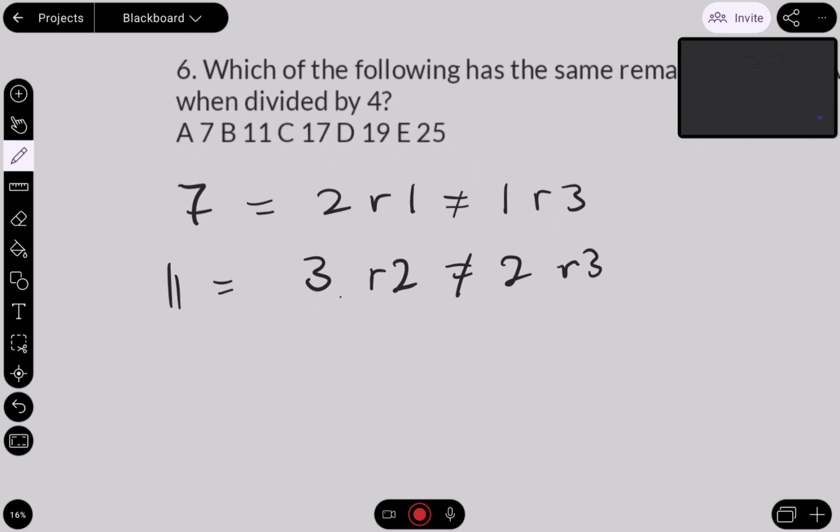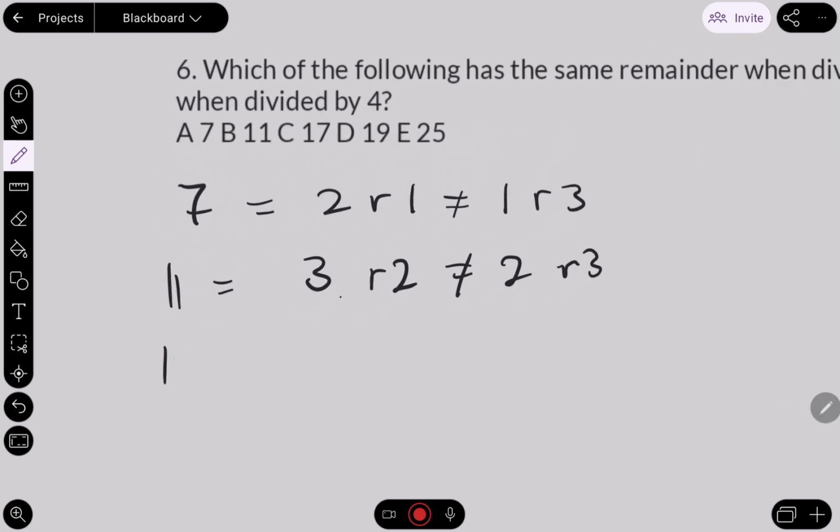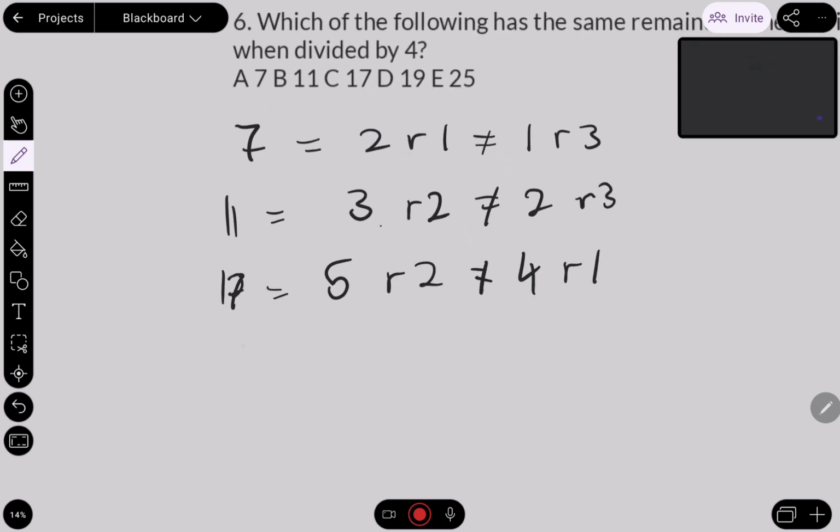So we have 17. Maybe that will break this pattern that I'm seeing. When it's divided by 3, I get 5 remainder 2. When I divide it by 4, I get 4 remainder 1. It broke the pattern, just not in the way I would like it to have done.